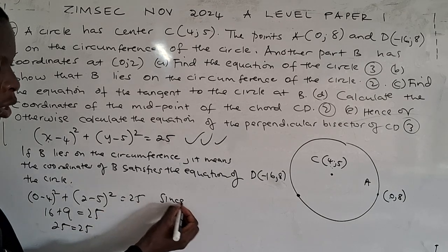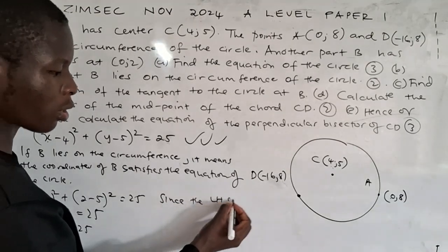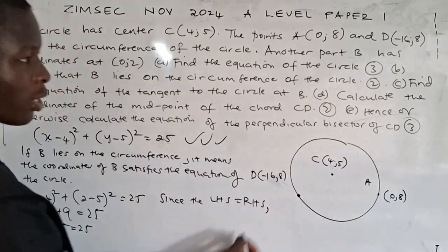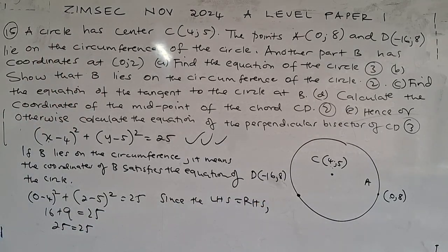Since the left hand side is equal to the right hand side, it means that B lies on the circumference.